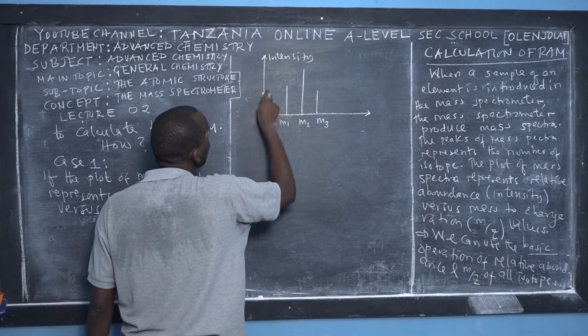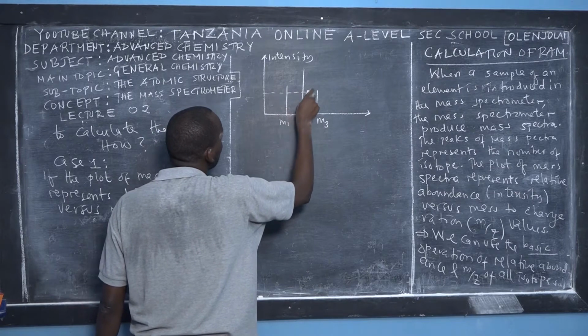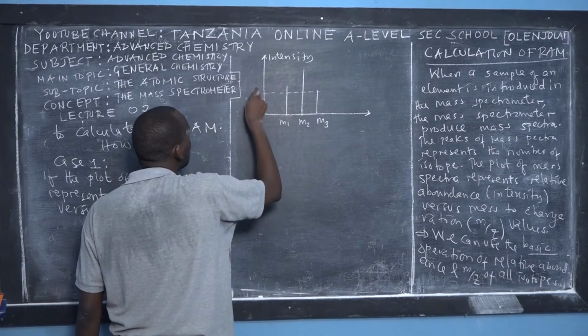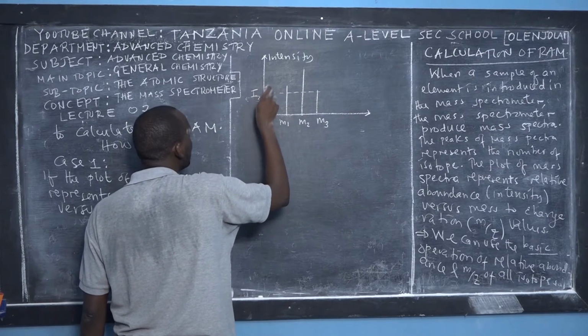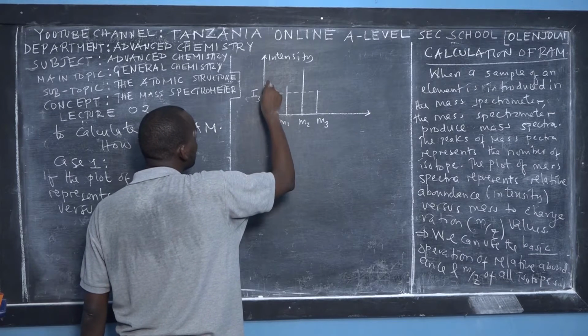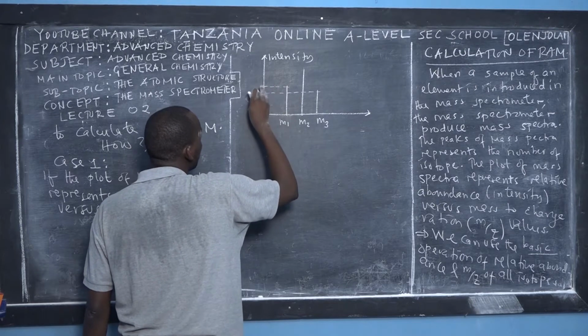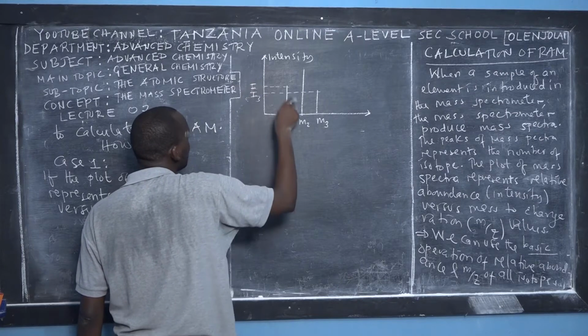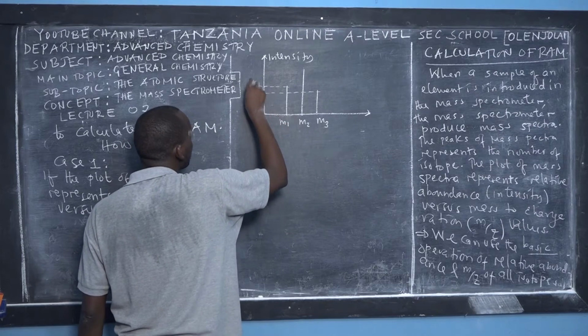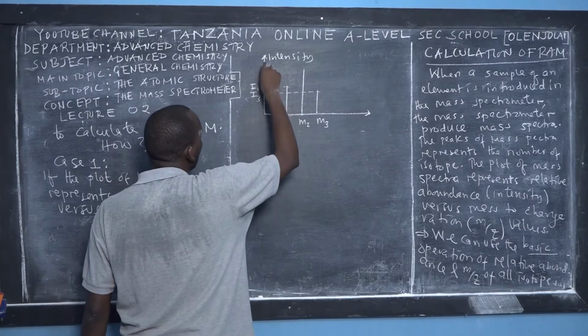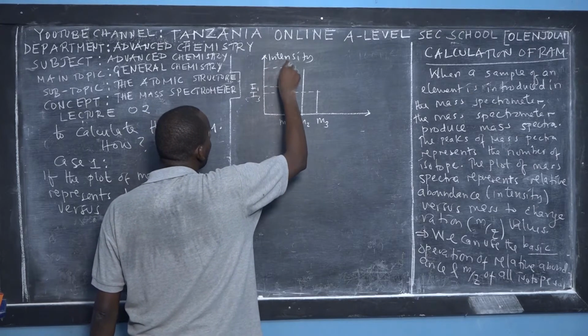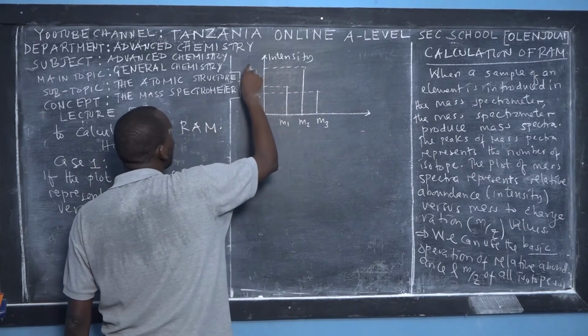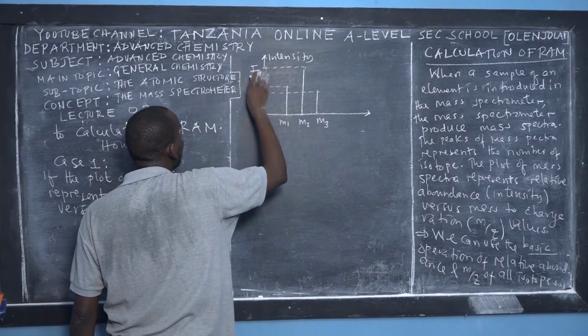Then for this case we have intensity 3, and for this one intensity 1, because it's the first peak. And at this point we have intensity 2.